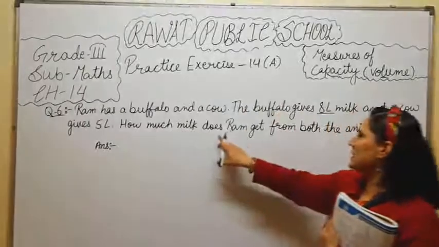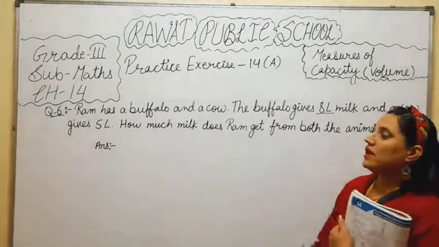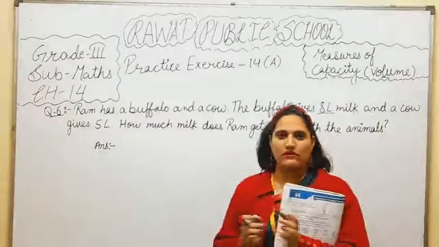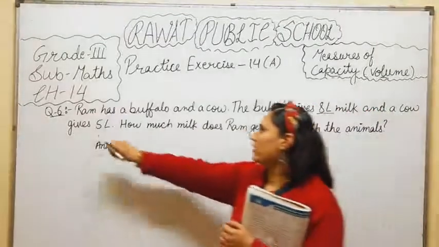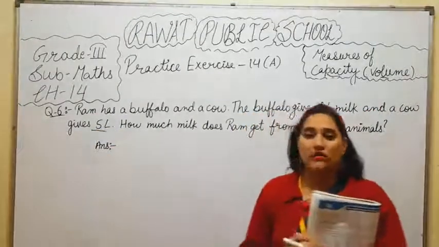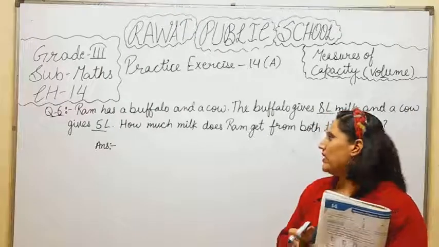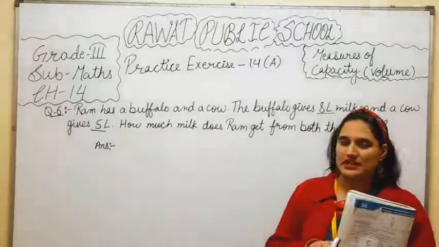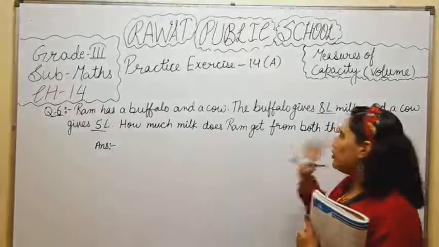How much milk does Ram get from both the animals? Here we have one buffalo and one cow. Buffalo gives 8 liter milk and cow gives 5 liter milk. Now we have to find out the total amount of milk in liters Ram gets every day, or in a day or whatever it is, from both the animals.